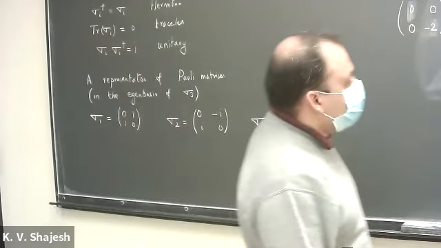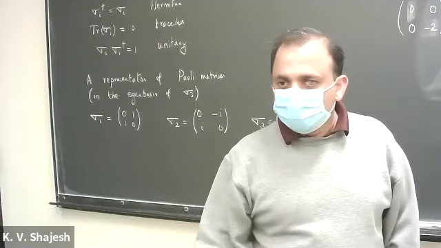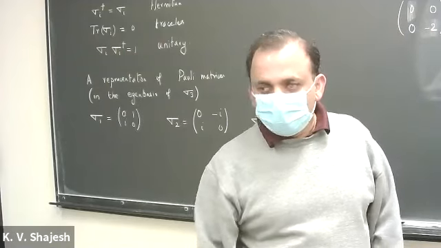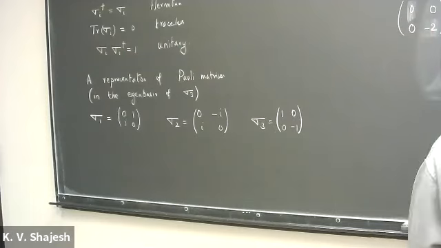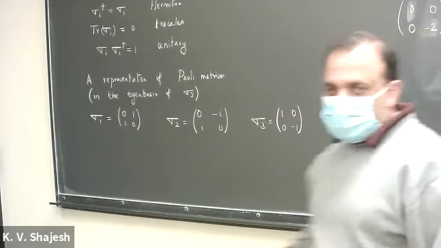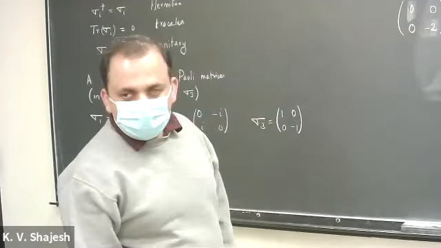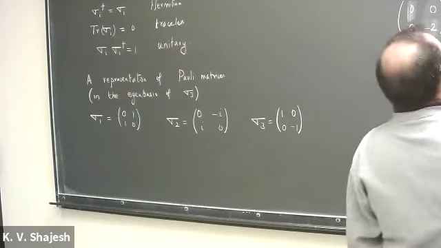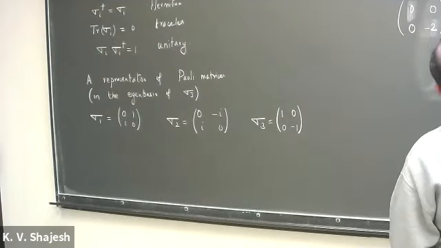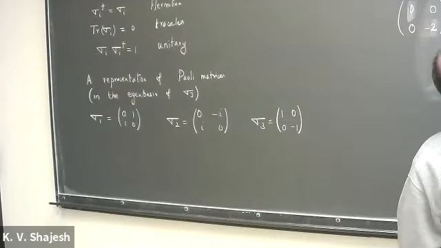And z1, I need it to be normalized. So z1 squared has to be equal to 1. So I immediately say that this is 1, 0. Up to a magnitude of 1, but that doesn't tell me anything about the phase. So in general, this is e raised to i alpha 1.